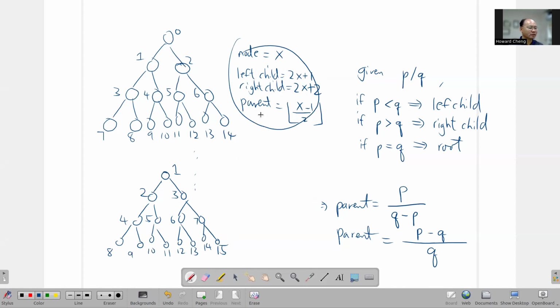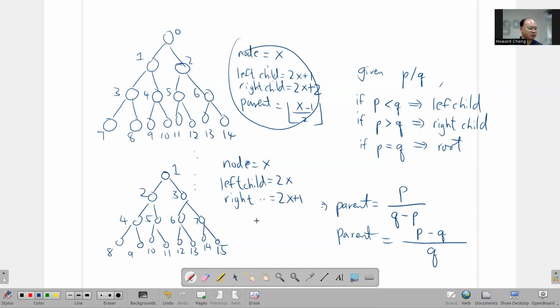Or you can work out a similar formula, and if you work it out, you'll realize the left child is 2x and right child is 2x plus 1. You can see that this is true everywhere in there. We don't actually care about the parent, I guess.